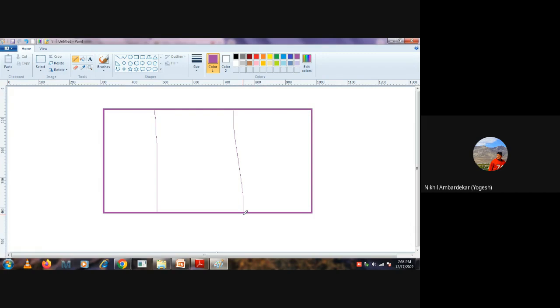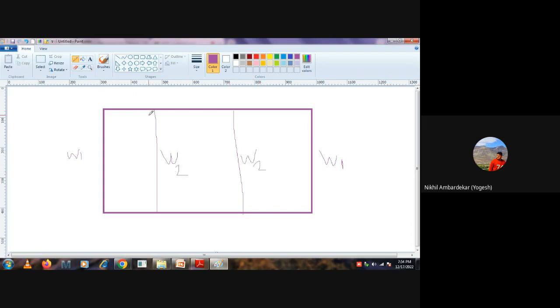In that case, what you need to do is identify the wall numbers. Let this be W1. Obviously this is also W1, correct? This is W2. This is W2.